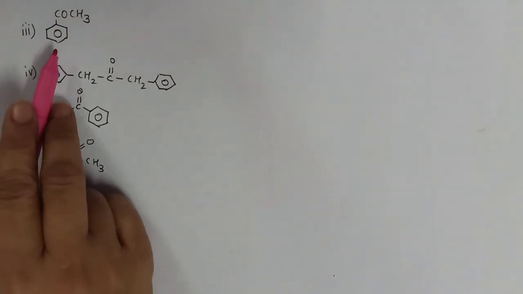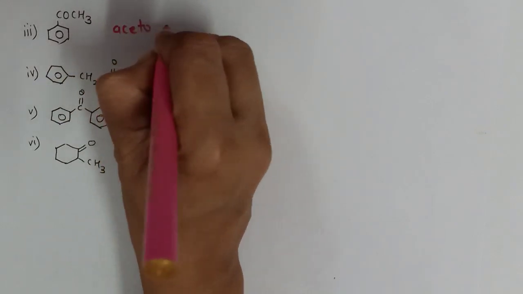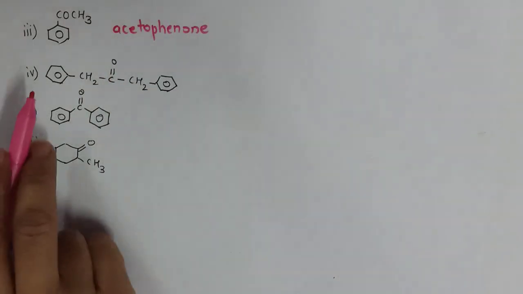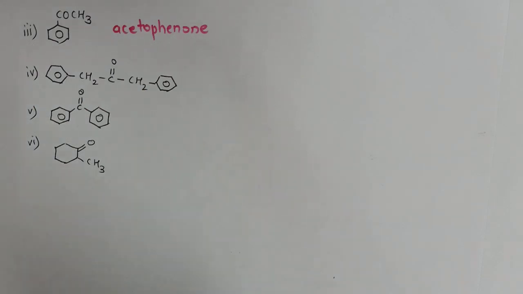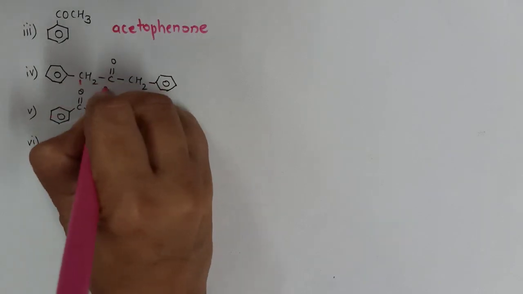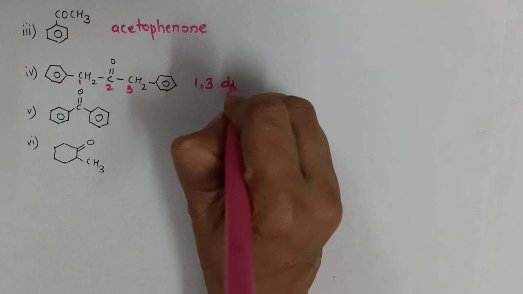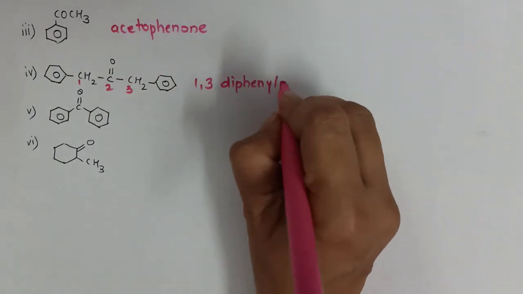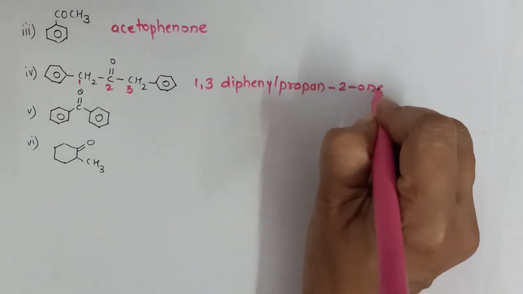Now the next example is that of an aromatic ketone. It is known as acetophenone. The third example, there are two phenyl groups attached to the chain. So the numbering will be 1, 2, 3, and therefore we'll name it as 1,3-diphenyl, with benzene as a substituent, propan-2-one.